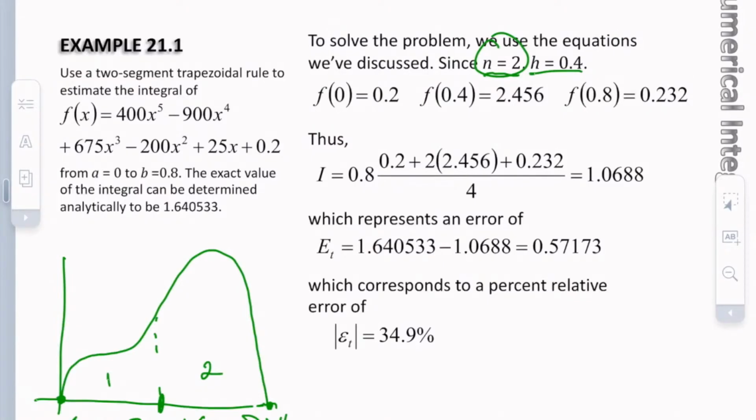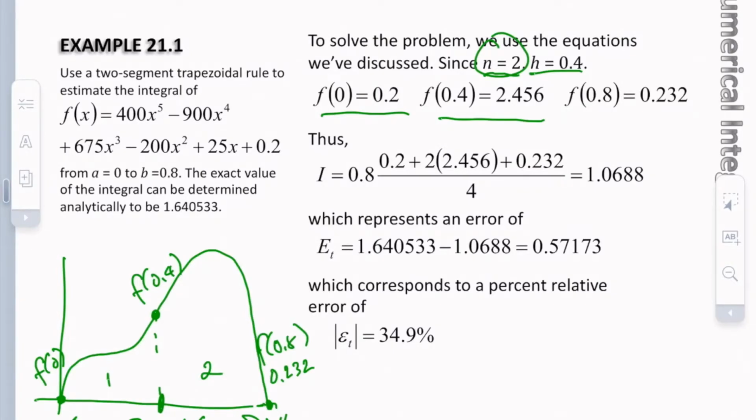So the value of the function at x equals 0 is equal to 0.2, the value of the function at x equals 0.4 is equal to 2.456, and the value of the function at x equals 0.8 is 0.232.